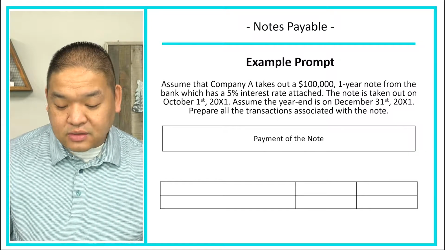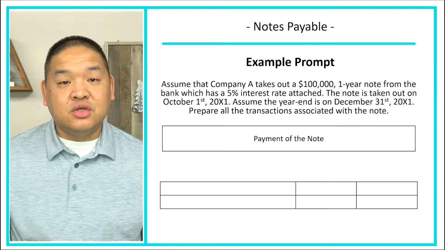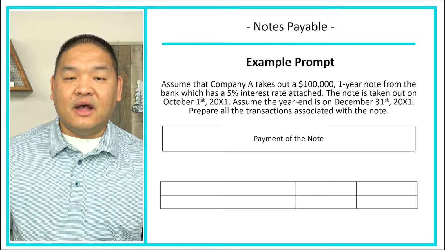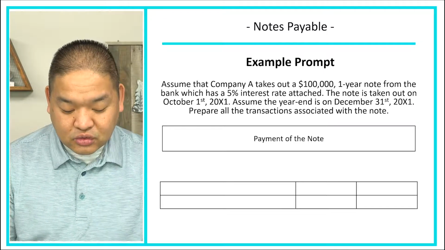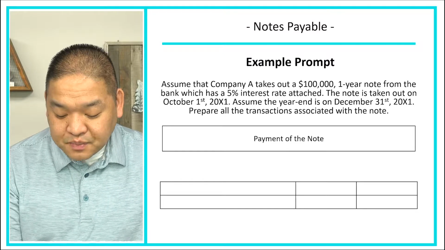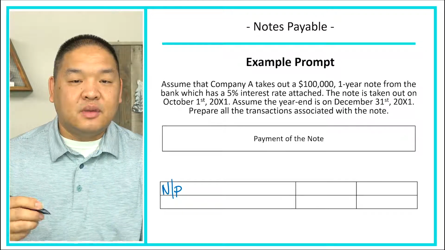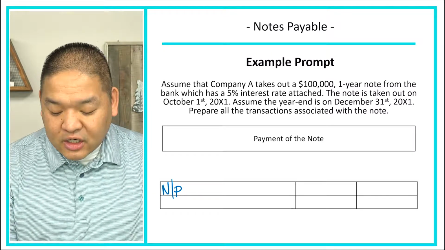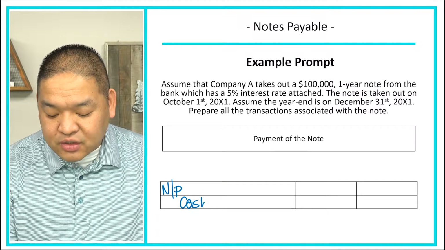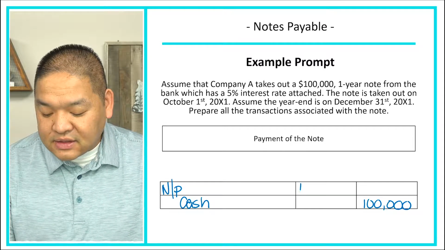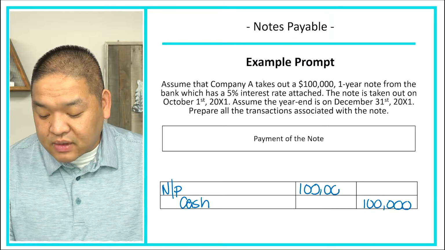To pay our note, we are going to pay the $100,000 principal, and we're going to get released of that notes payable. So to do that, we are going to debit notes payable, abbreviated NP, and we're going to credit cash, because cash is going to leave our accounts. So cash, 100,000; notes payable, debit, releases it.